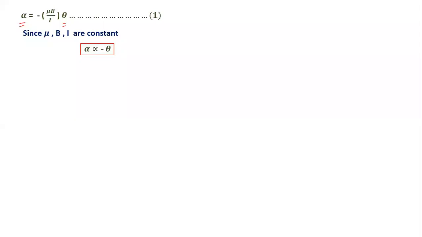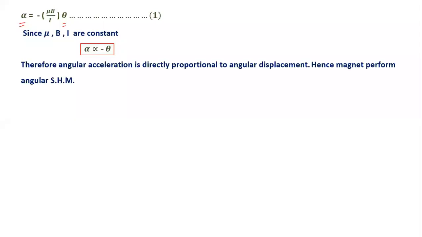The oscillatory motion where angular acceleration is proportional to angular displacement and they are oppositely directed is angular simple harmonic motion. So the magnet will perform angular SHM.